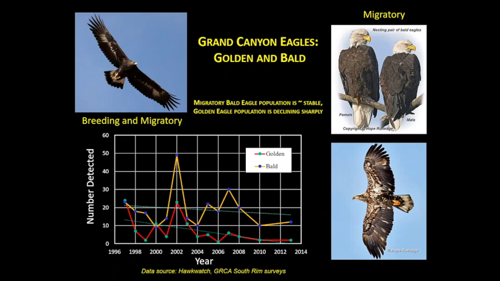And what they've reported over the last 20 years or so is a relatively stable bald eagle population. That's good news, but a strongly declining golden eagle population. This is going to probably rise to the level of a serious issue here for the Fish and Wildlife Service before too long.